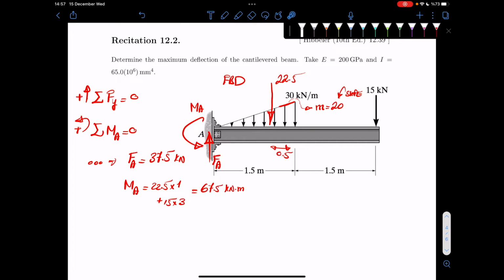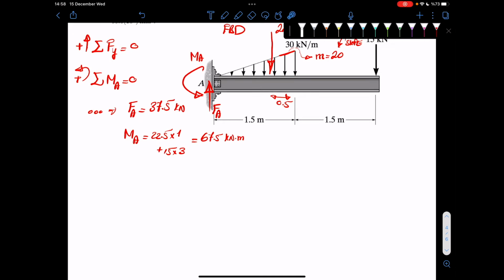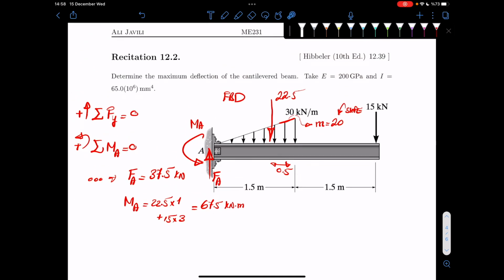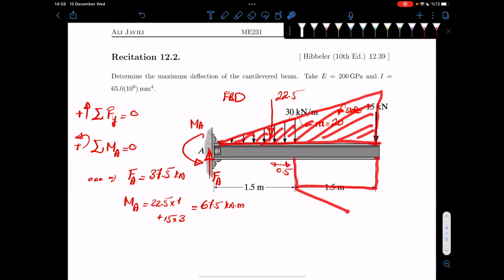Now, instead of having this picture, what I want to do is basically assume that we have a distributed load that comes all the way to the end. So assume we have this, and then subtract this from it.